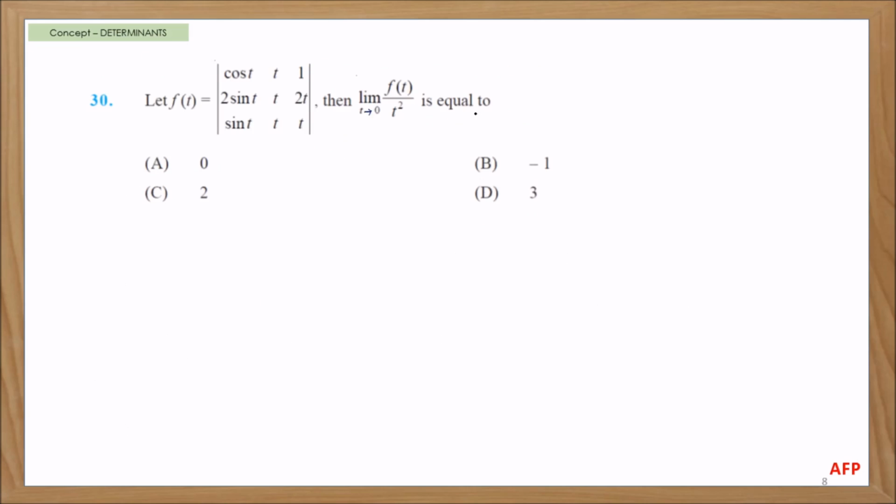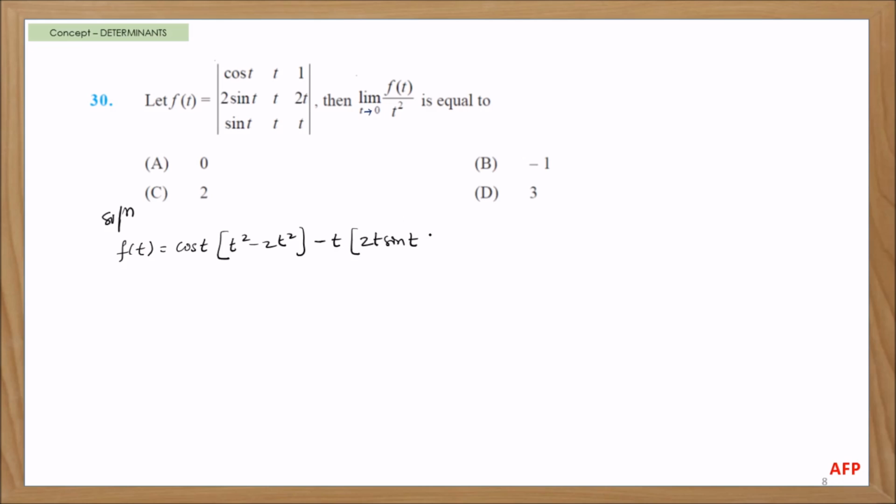Next one, limit you are supposed to find. So before going to finding the limit, we just go for expansion. F of t is equals to, I will directly go for expansion. Cos t square minus 2t square minus t 2t sin t.